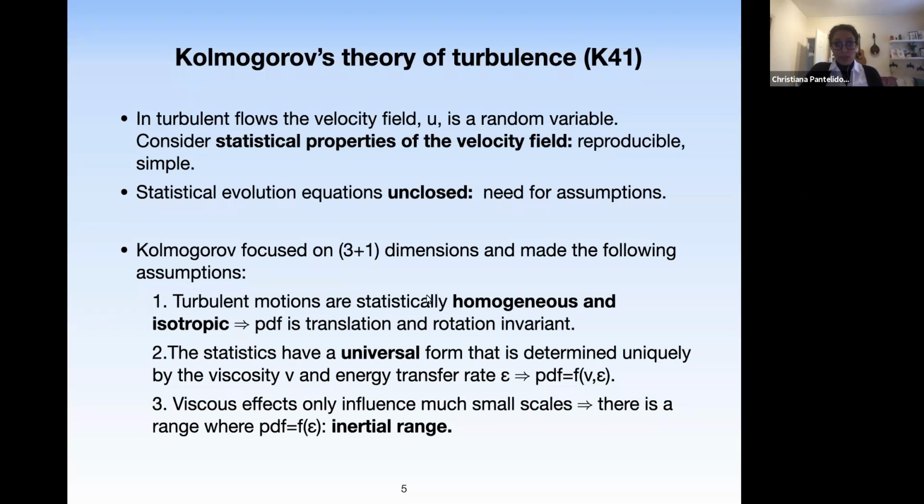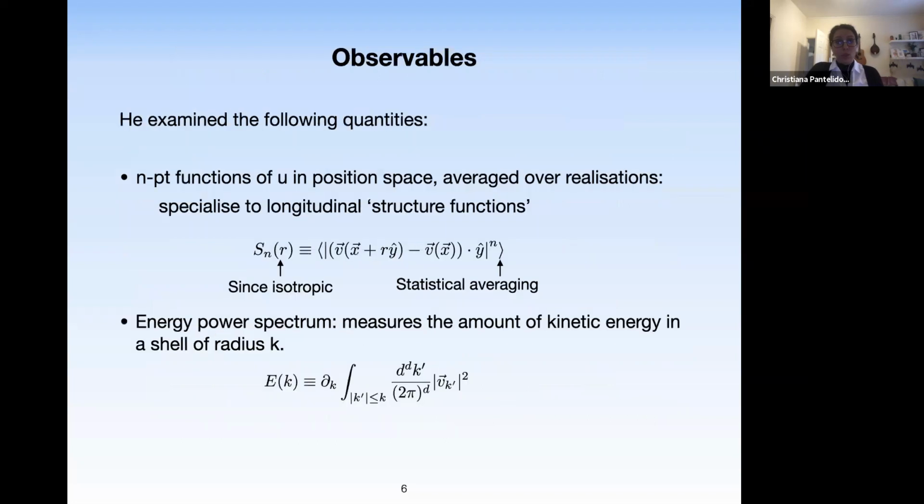And using these assumptions, he went on to examine the following observables. He was interested in a particular kind of n-point function of the velocity field in position space, namely the so-called longitudinal structure functions.